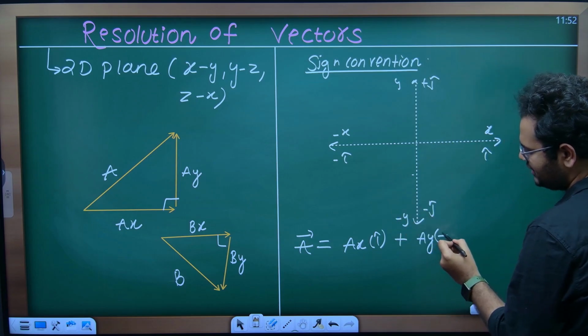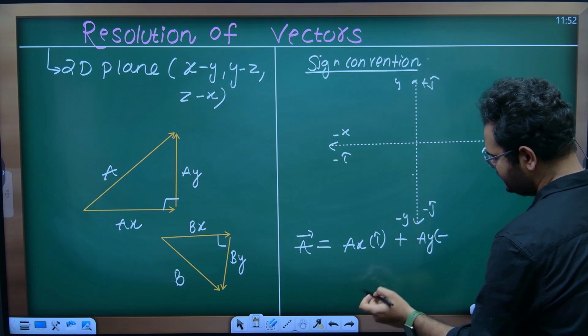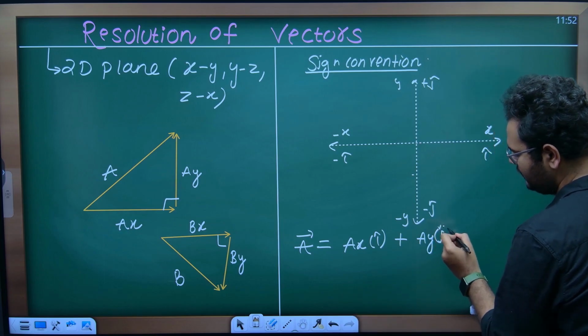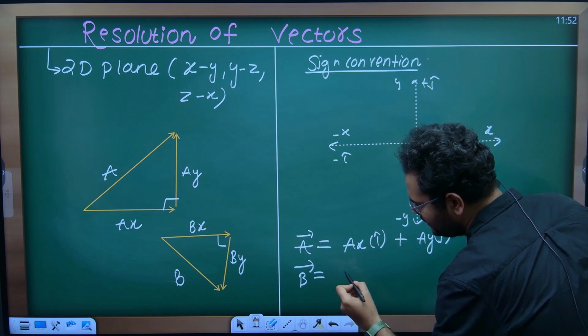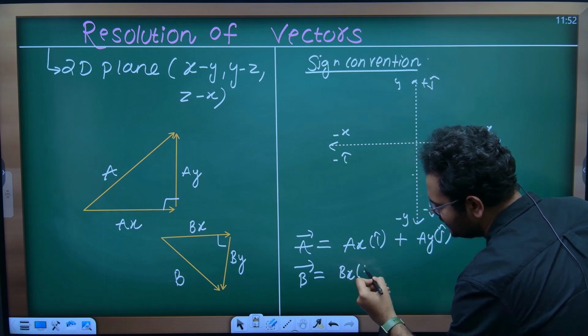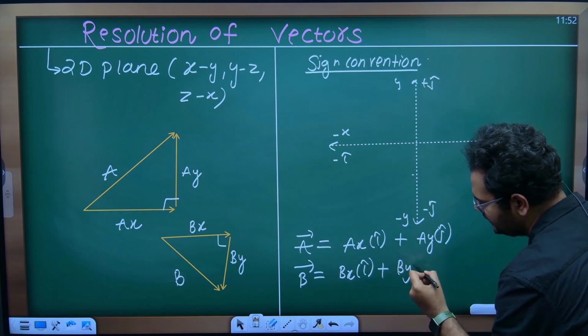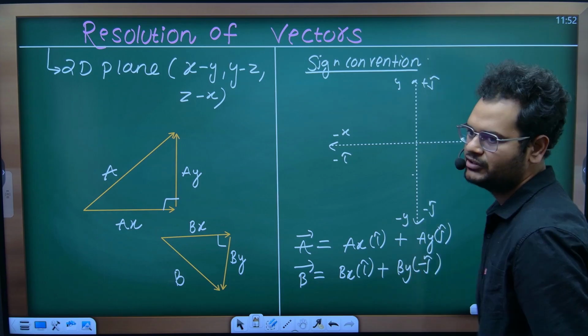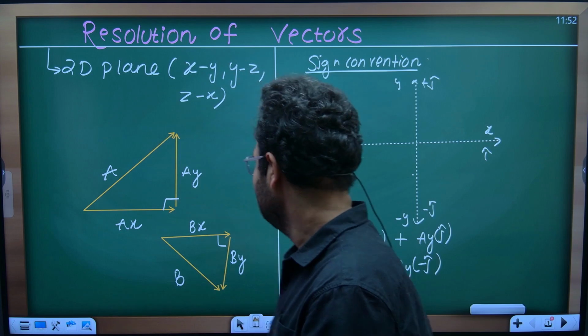So it is plus j cap. So directly I can write j. Easy. Similarly, for B vector, what can I write? Sir, x component is plus i because plus x, but here the y component is in minus y. That's why minus j. Basic representation of vectors, right?